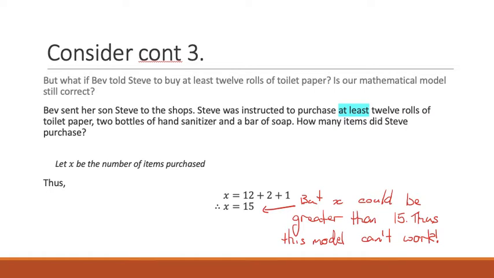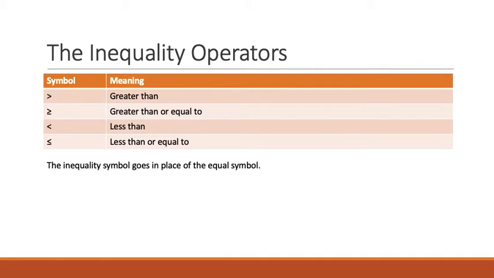So how do we solve this, or how can we build models where we don't have exact values? Enter inequalities. Inequalities are a way of modeling systems where the value is not fixed. It can be greater or it can be less than a particular value. We've got these 4 operators here which replace our equal sign.